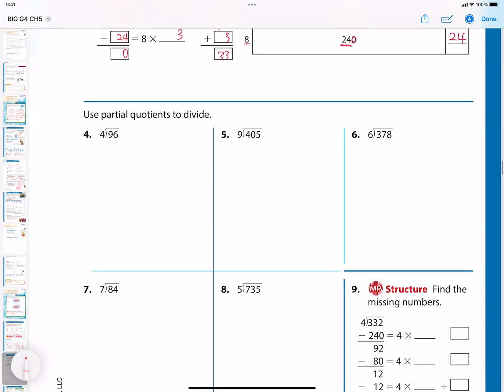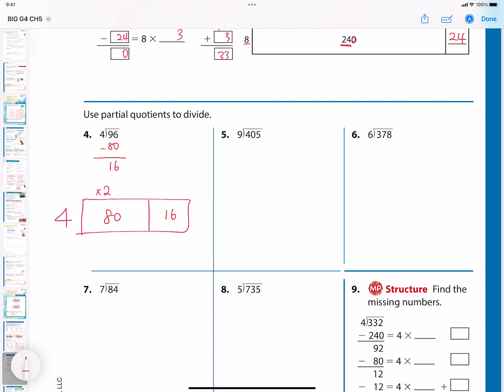Okay, so do you want to draw this area model? Go for it. 4, and I'm going to split that into what? Since I know 80 is a multiple of 4, right? So I'm going to use 80, and the rest of it is what? When you take away, you are going to have 16. So 16 is another part, right? So I know 4 times what makes 80?